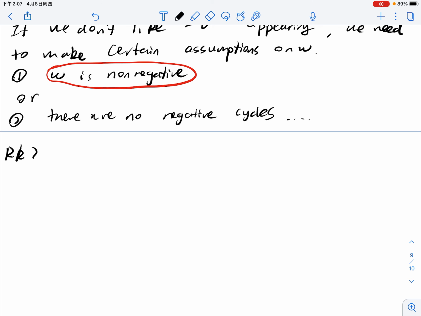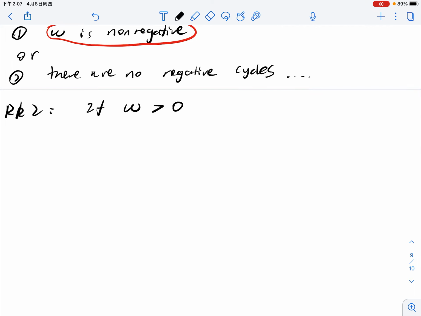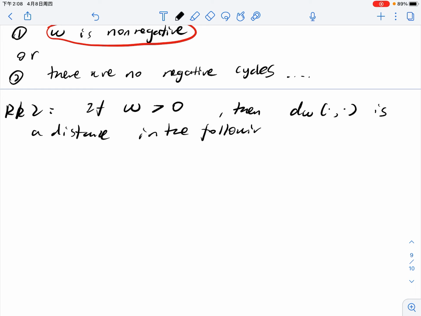And remark 2 is, if omega is strictly positive, then d omega is a distance in the following sense.